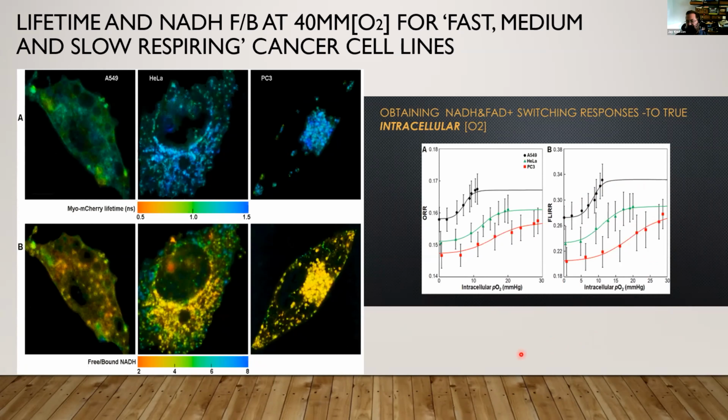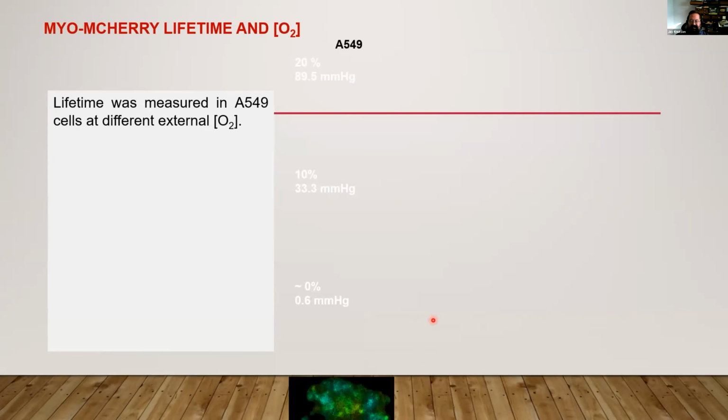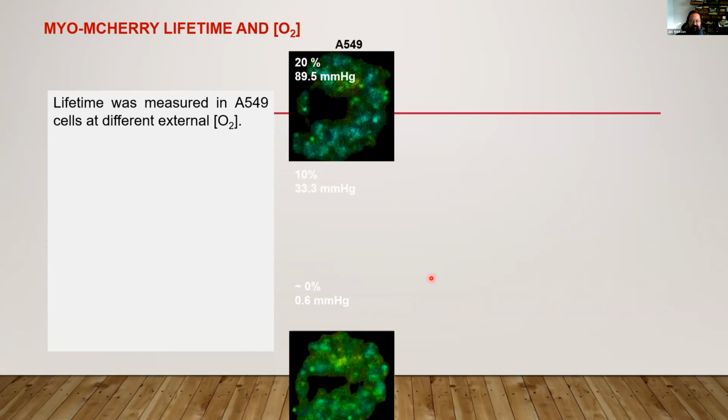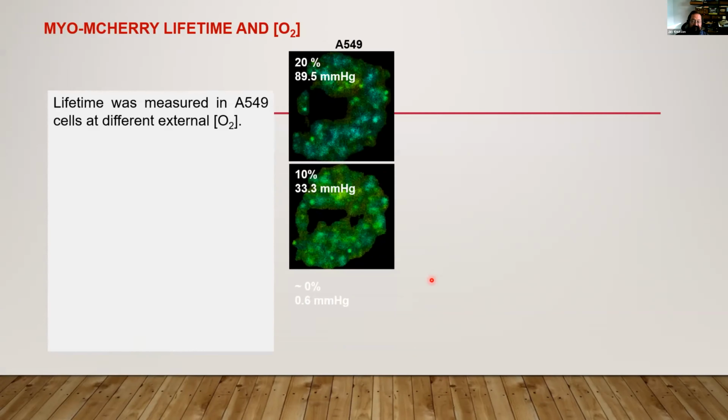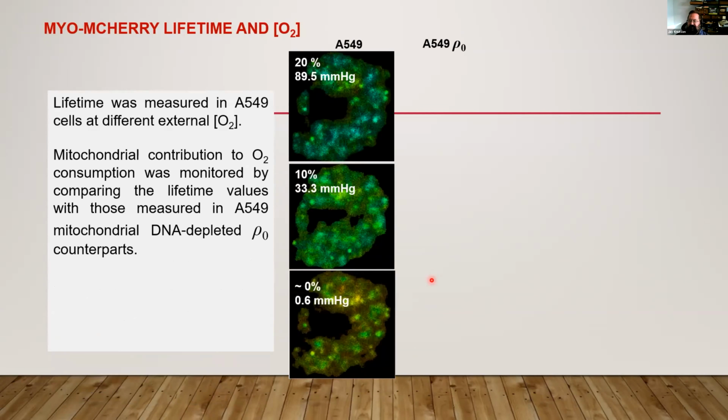Of course, we wouldn't be doing imaging if it wasn't for the fact that you can see heterogeneity in the system, as mentioned before. And this is not just heterogeneity between loci and different cells, but also between organelles if we target.